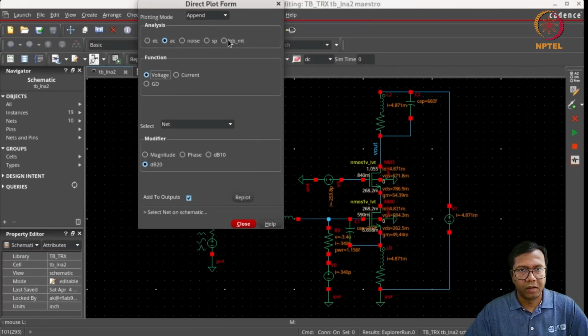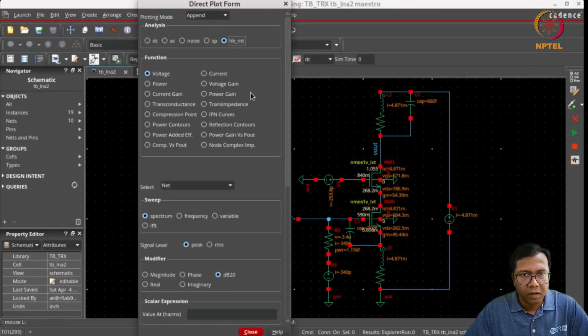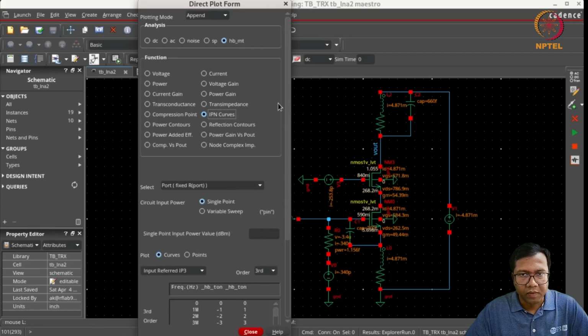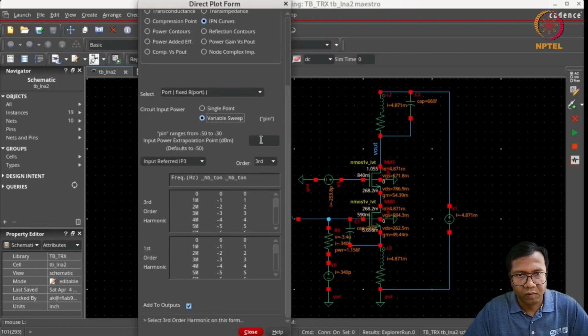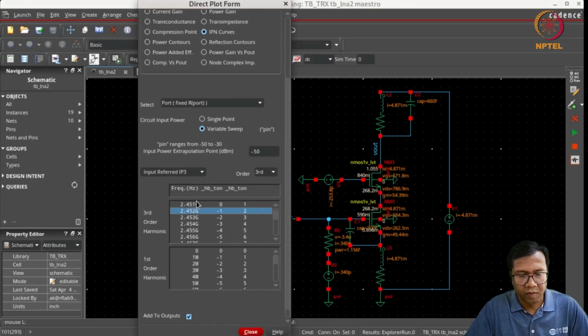Now let us plot the IIP3. So here we are sweeping the input. So let's extrapolate from minus 50 dBm. Here we need to choose the third order harmonic, which will be at 1 megahertz away from our input tones. The fundamental will be at 2.45 and 2.451 gigahertz.